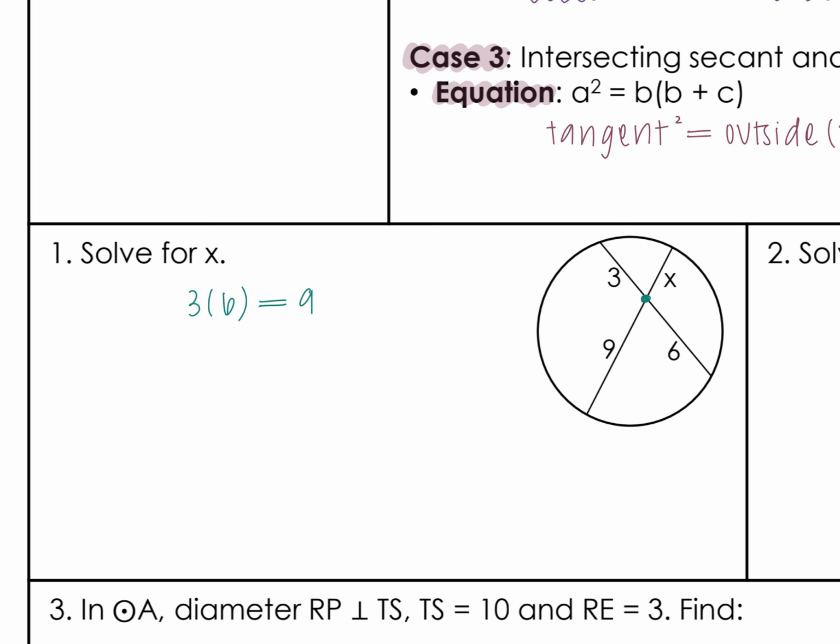So 9 times x. Okay, so that 3 times 6 is going to give me 18 is equal to 9x. And when we divide, we'll get that x is going to be equal to 2. So hopefully that one was pretty simple to begin.